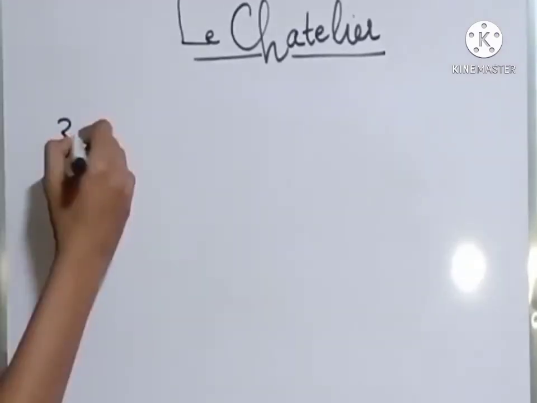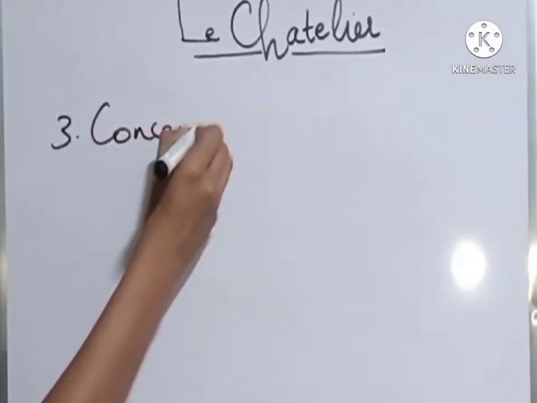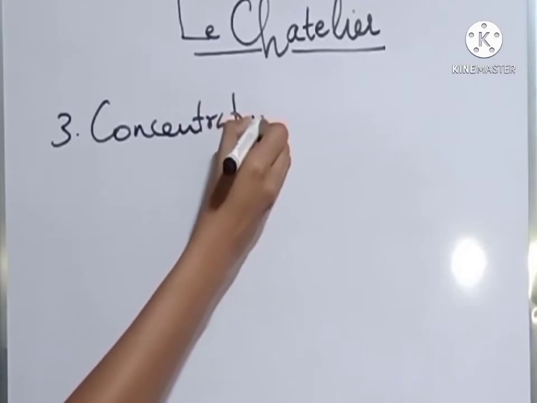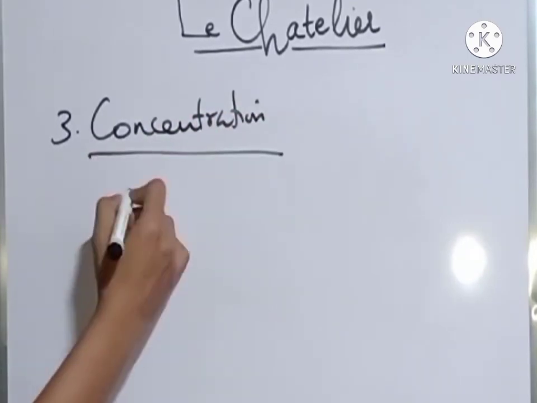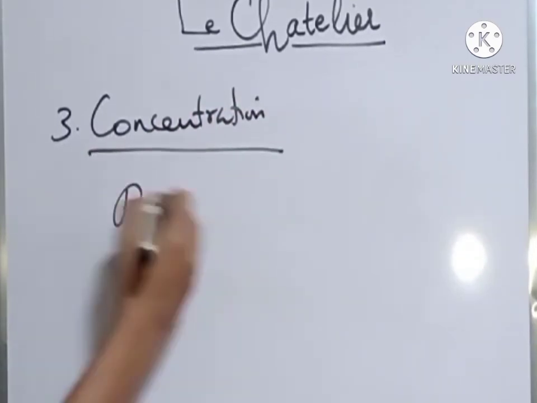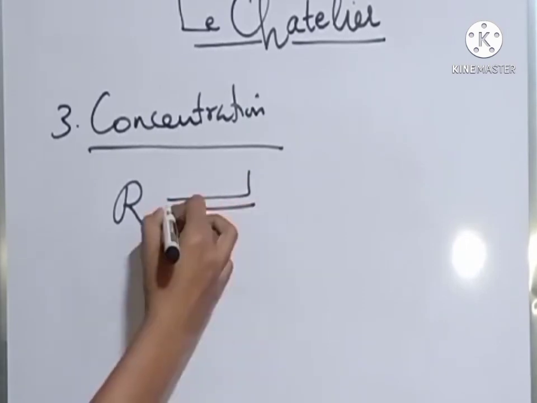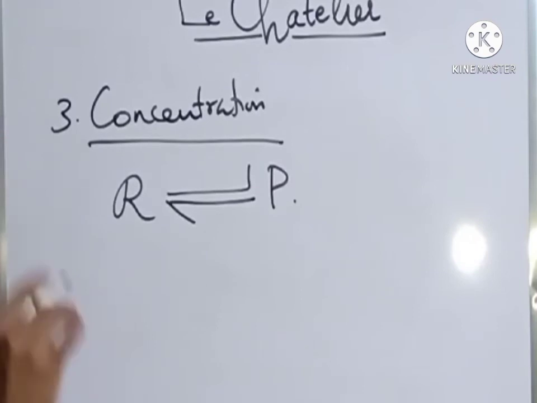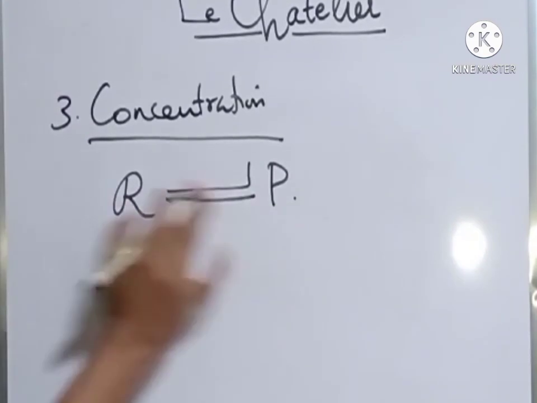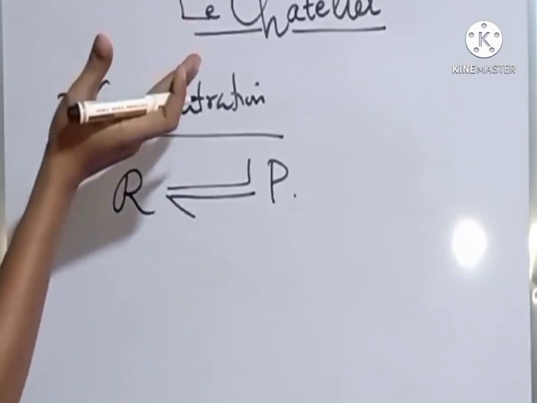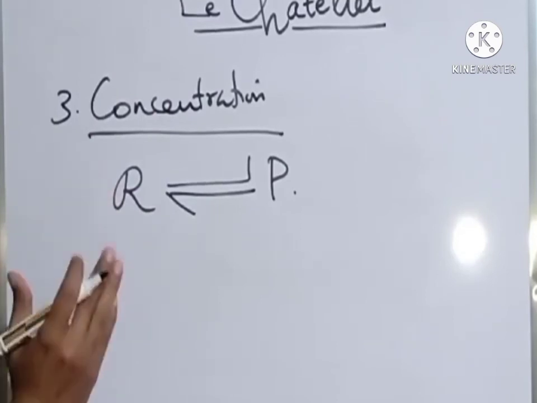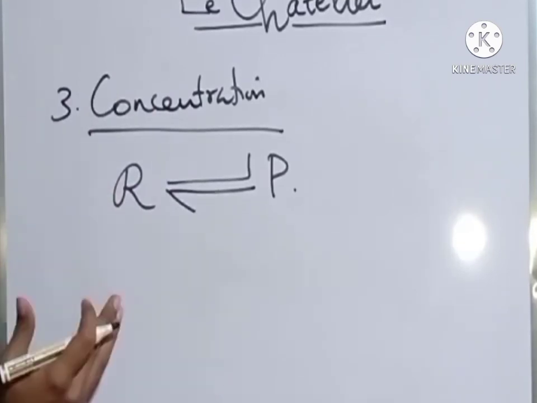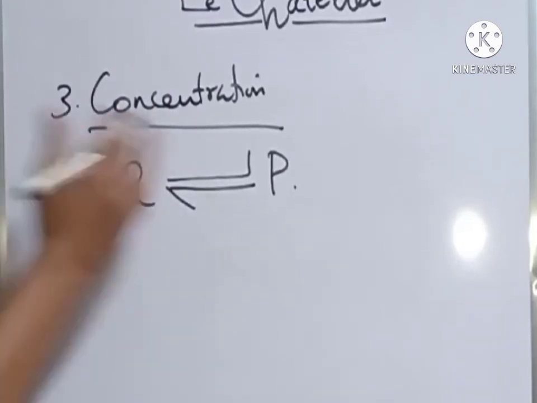The third one is concentration. Let the reaction R reversibly give product P. If the concentration of any one of the substances increases, then the equilibrium will shift in the direction in which the added substance is used up.